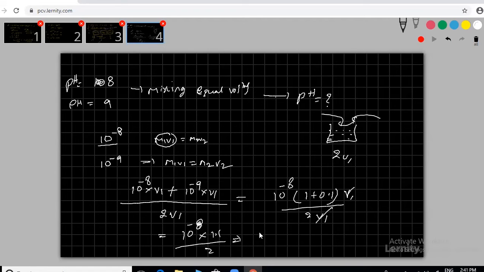After calculating, apply the negative logarithm, so minus log H plus.